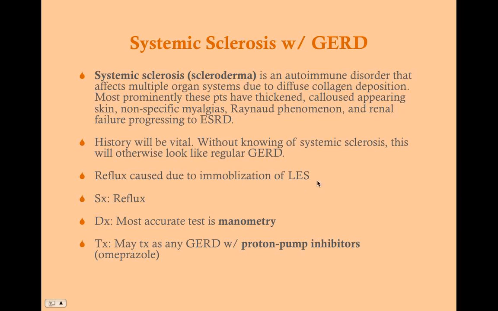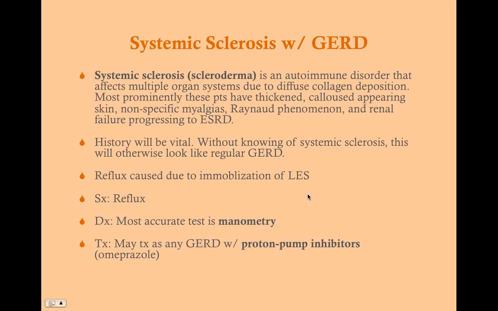And so primarily the problem is going to be that the sphincter is not going to be able to constrict, and so you're going to have perpetual relaxation. And so if you have perpetual relaxation of your lower esophageal sphincter, it's going to be the opposite of achalasia.